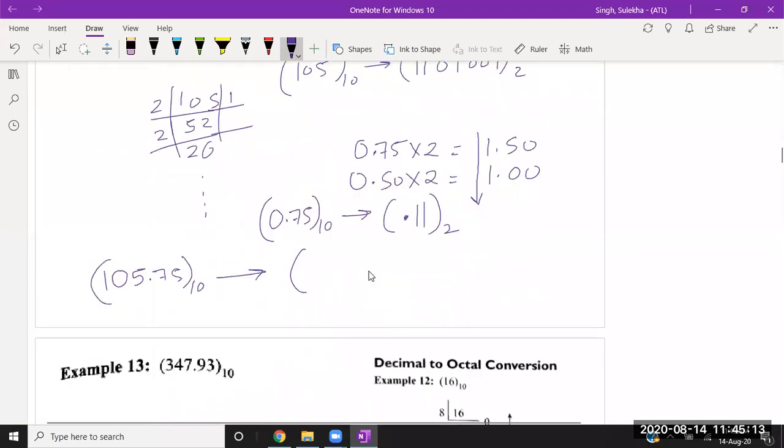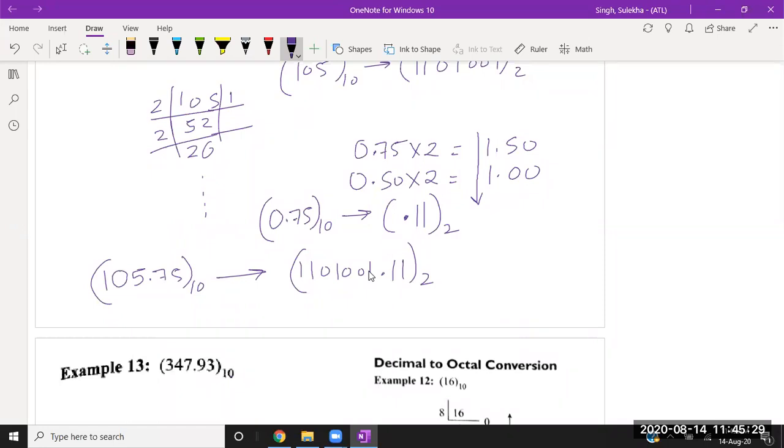First you write for 105, which is 1101001. Then you write for 0.75, which is 11, base 2. And this is your answer.